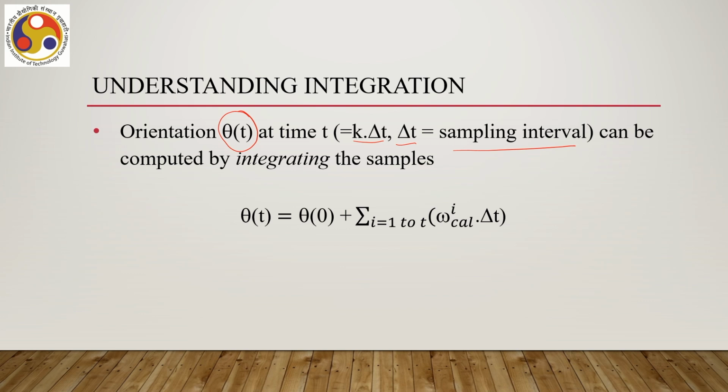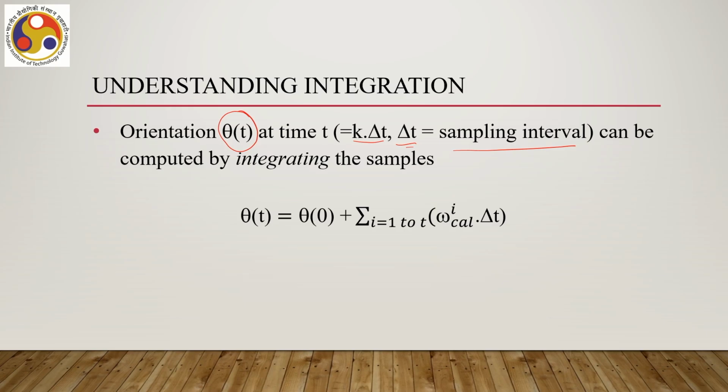So, our objective is to compute the orientation or pose after some time from the initial orientation and pose that we have estimated in the registration phase. Now, the time lapse is k delta t, where delta t is the sampling interval, k is an integer.